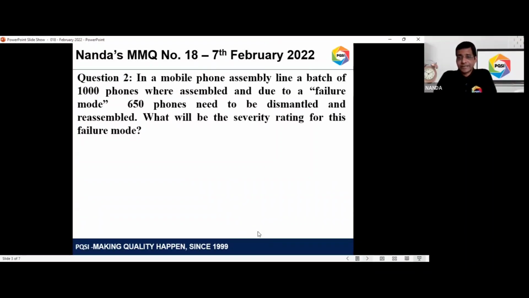Okay, so understand this scenario, look at the severity rating scales that is mentioned, and then choose the one that fits the best. Right. So in your response form, what we need is just the rating number. Okay. So rating numbers of 1 to 10. So choose the one that you feel is the right one for this particular scenario. Right. So that's question number 2.